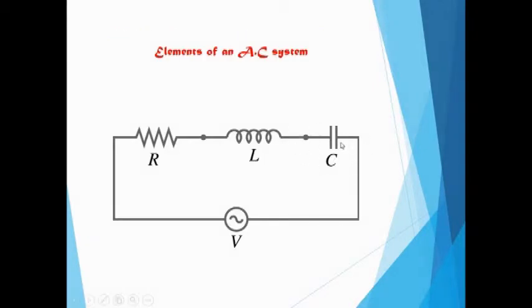Elements of an AC system. In an AC system you have three elements usually. Resistor is the main part, which you always have inadvertently, and inductor, which is shown by this symbol, and L is the letter for it, indicating inductance or inductor, and C is the capacitor or capacitance, and this is the symbol for it.